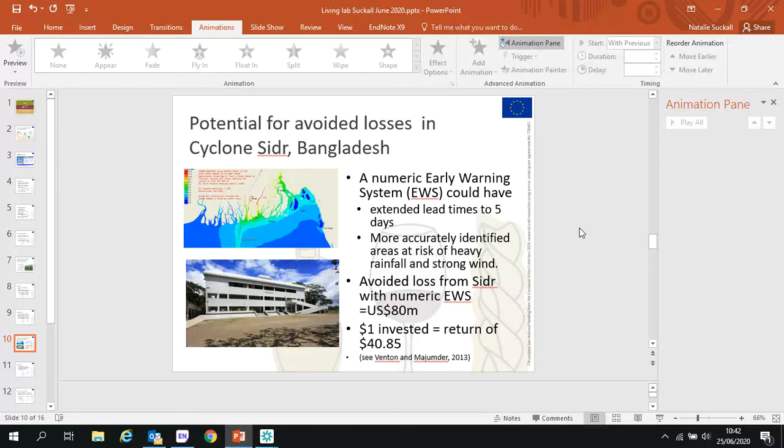I think there are challenges we would have to overcome, including the fact that the reason this example is so neat is because we're assessing avoided loss against a specific event that happened. Unfortunately, it was a cyclone that massively destroyed livelihoods and killed people.